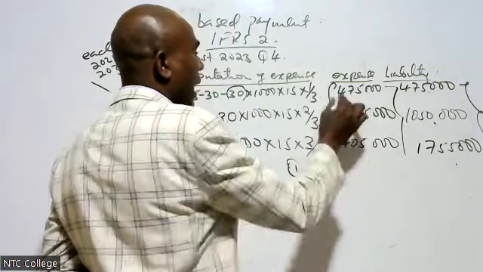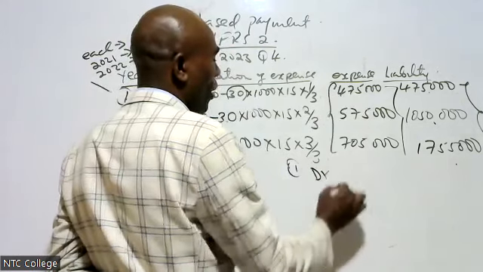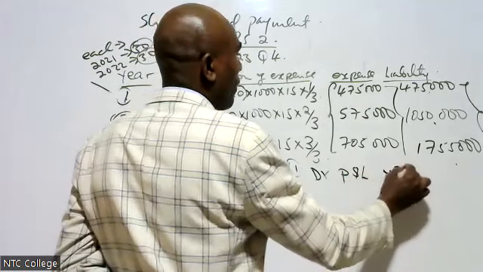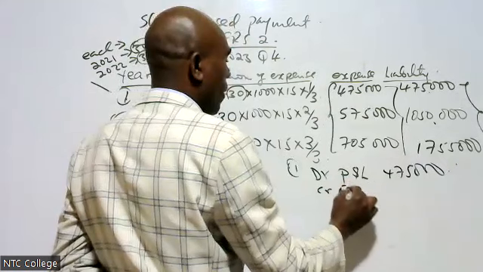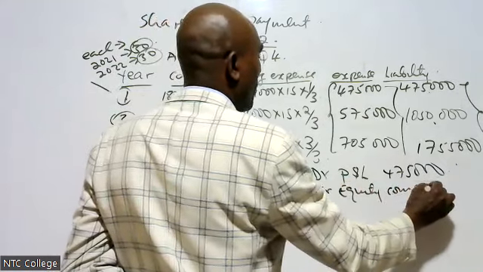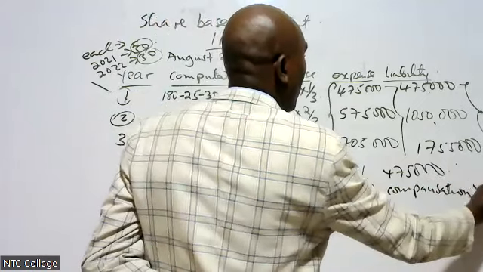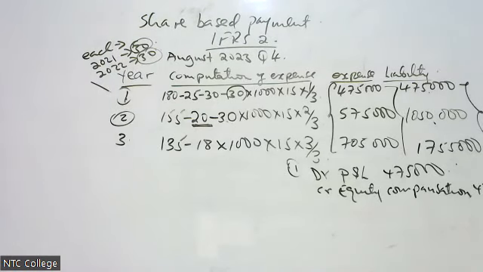In year 1, I have the expense of 475. Therefore, I'm going to debit P and L with 475,000. I credit equity compensation with 475,000.